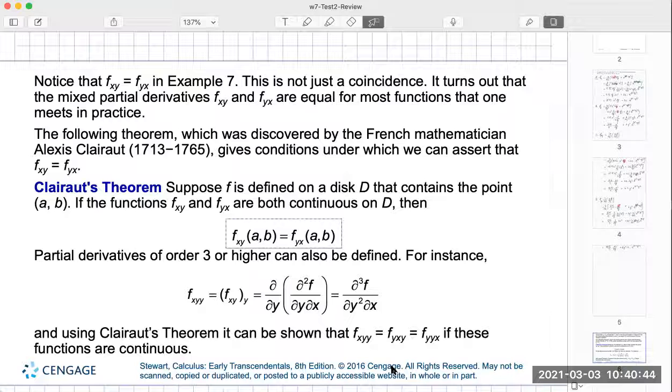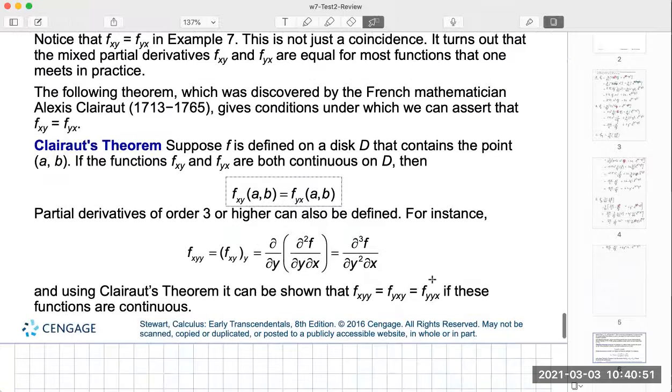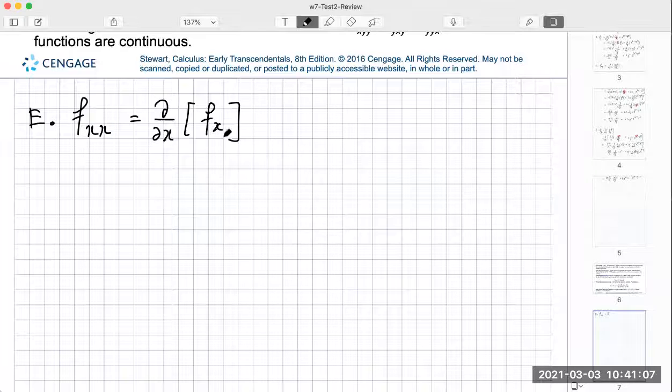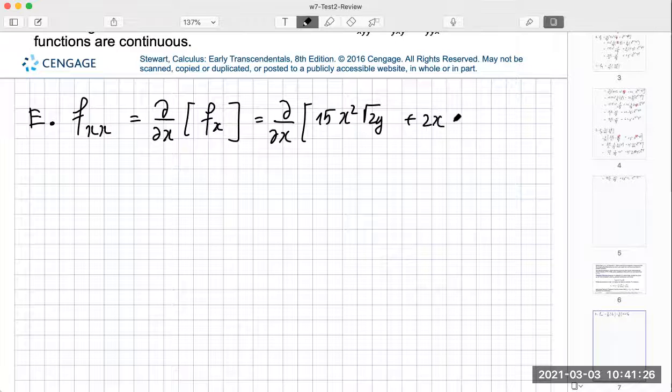We are trying to compute E and F. For E, we want to compute f_xx, which is d over dx of f_x. And f_x, we found in question A or B, which is 15 x squared square root of 2y plus 2x e to the x squared plus y cubed.